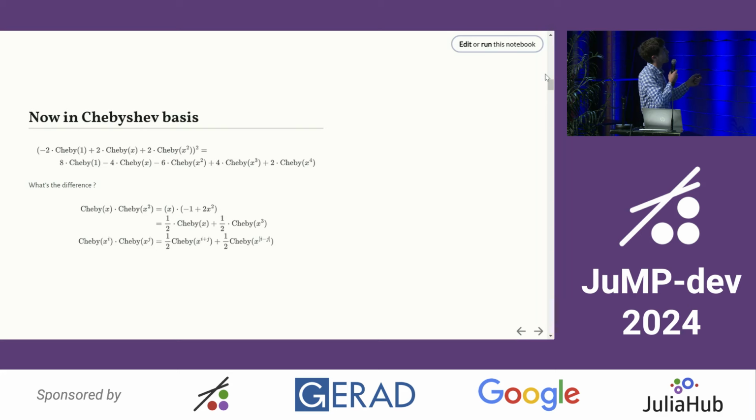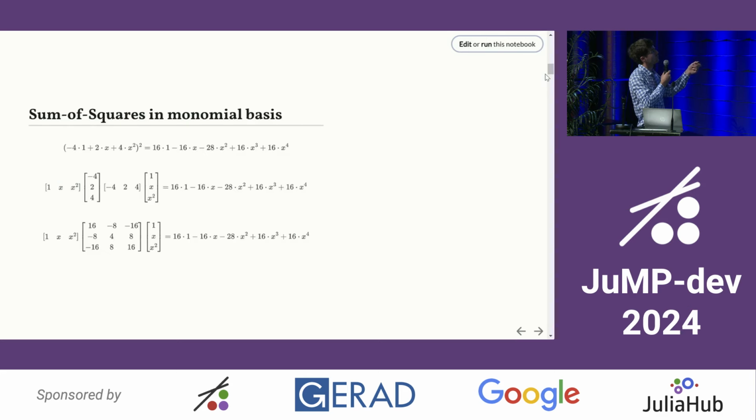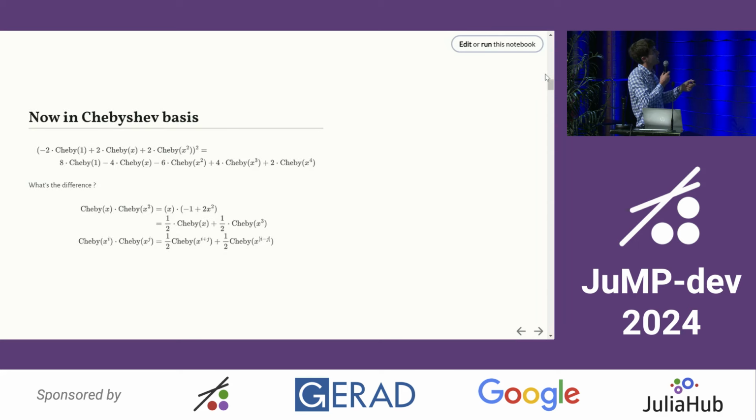When you take the square of this polynomial of Chebyshev polynomials, this is a polynomial that we represent with coordinates -2, 2, 2. But this polynomial is in Chebyshev basis, so this is the coordinate in Chebyshev basis. This polynomial is actually the same as the one of the previous slides, so the coefficients have changed because it's a different basis. And you can square it and you get this polynomial.